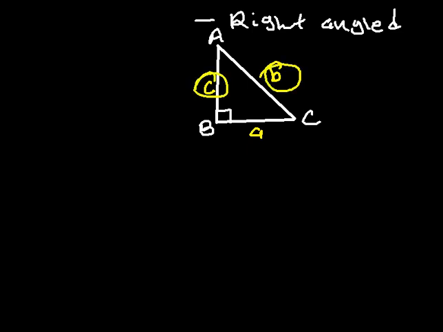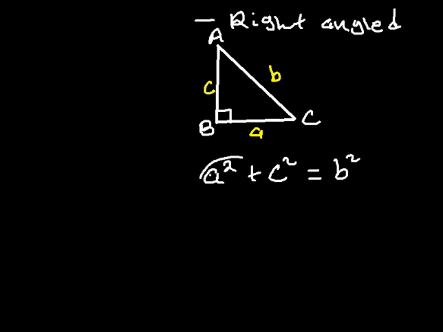How are the sides of the right-angled triangle related? Now, the sides of the right-angled triangle are related by a theory known as the Pythagoras theorem. According to the principles behind the Pythagoras theorem, it states that the square of the base, which is a square, plus the square of the height, which is c square, is the same as the hypotenuse square.